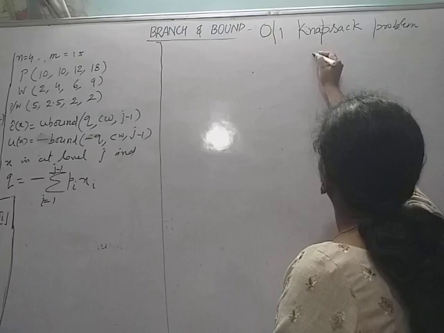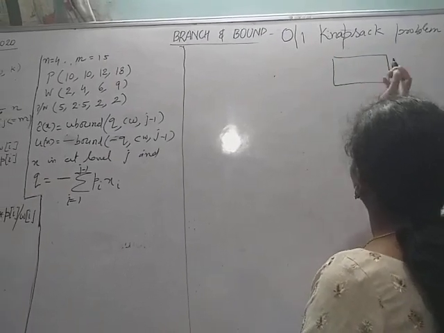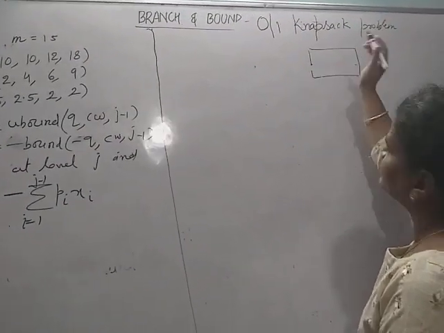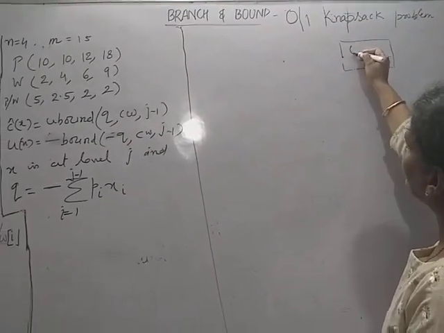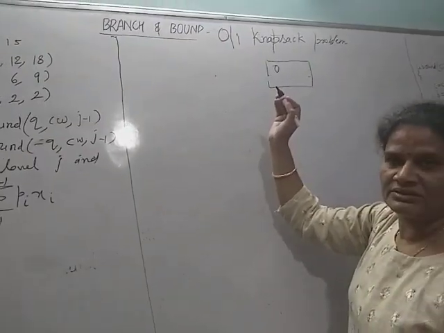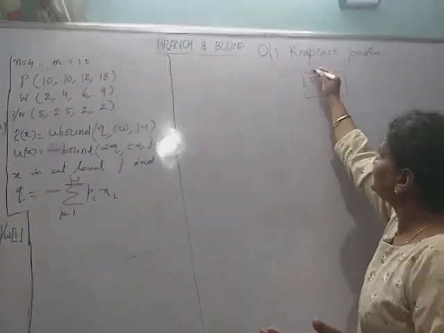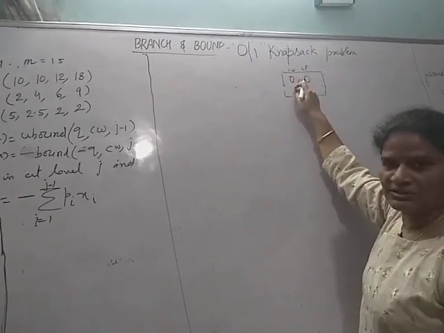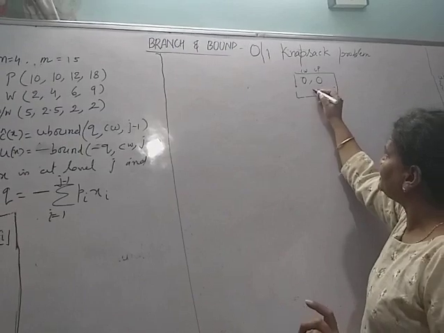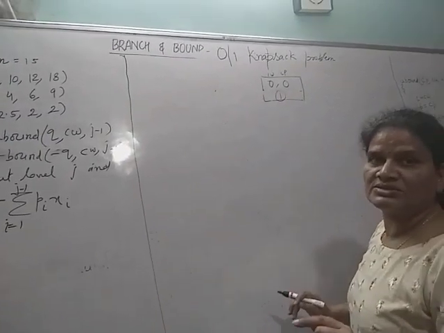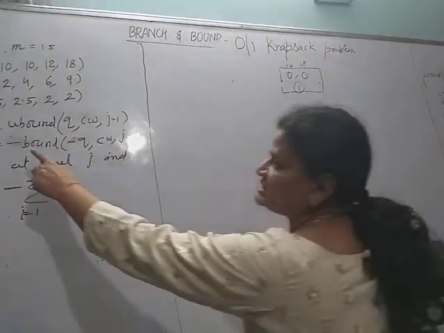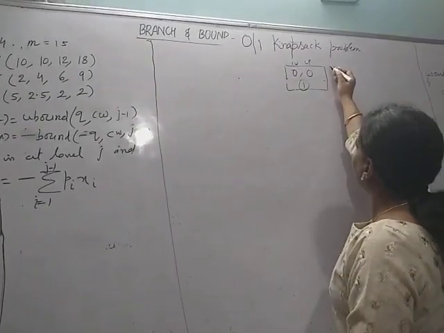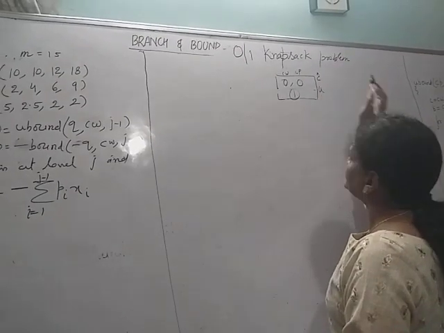Okay, so here see, the first is Cp, because no weight, this is Cw and this is Cp. No weight is included in the knapsack, no profit is earned, and the node number is 1. For this node, I will compute C cap x and ux, the lower bound and upper bound.